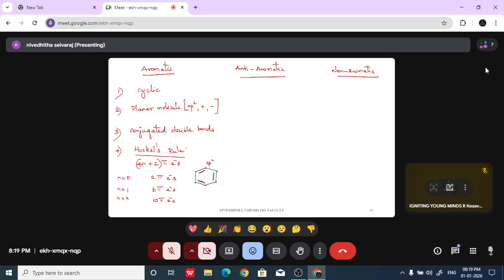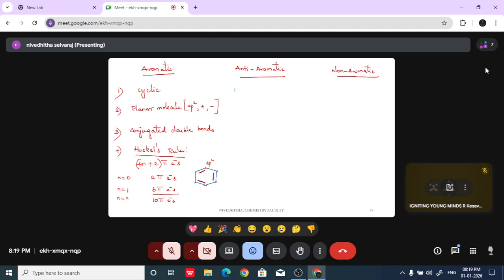So how many pi electrons do we have? There are 3 pi bonds and each bond contains 2 electrons, so 6 pi electrons. So it is following Huckel's rule also. So benzene is an aromatic compound. That's it. Next.